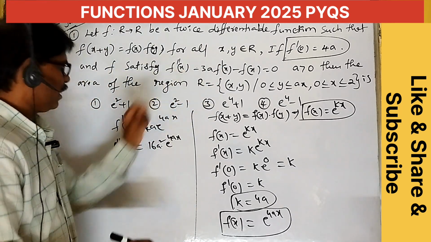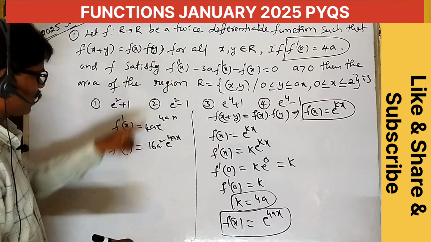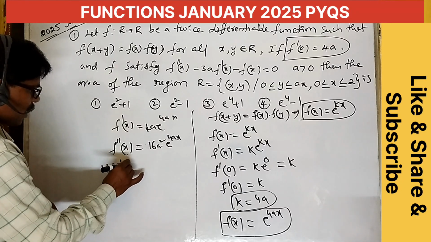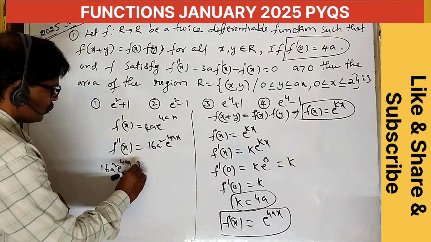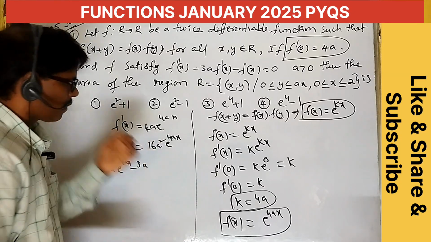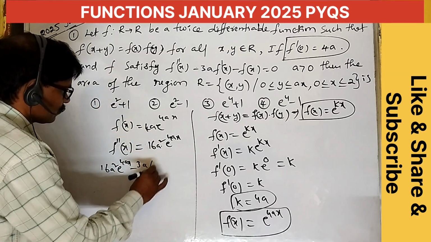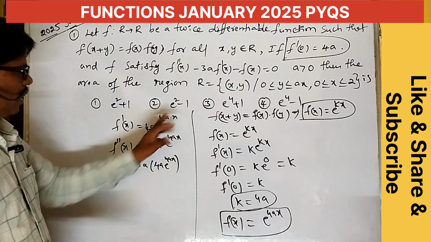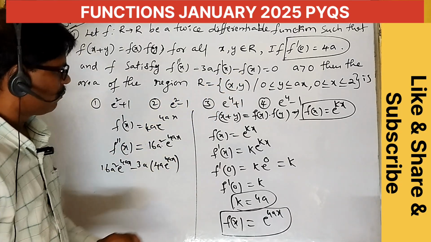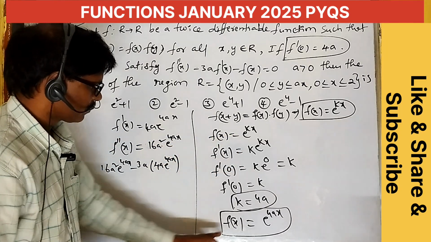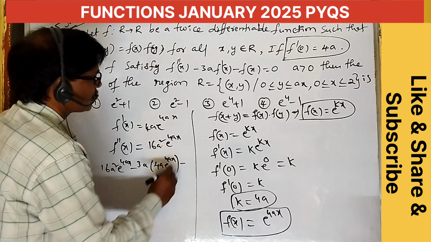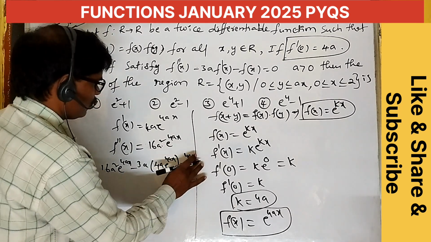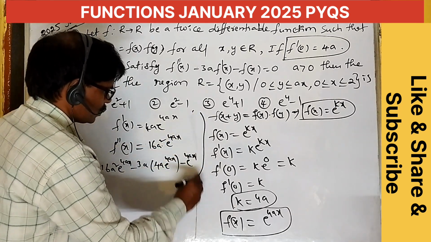Here f double dash of x is equal to 16a square e power 4ax, minus 3a into f dash of x, where f dash of x is equal to 4a into e power 4ax, minus f of x, which is e power 4ax, equal to 0.